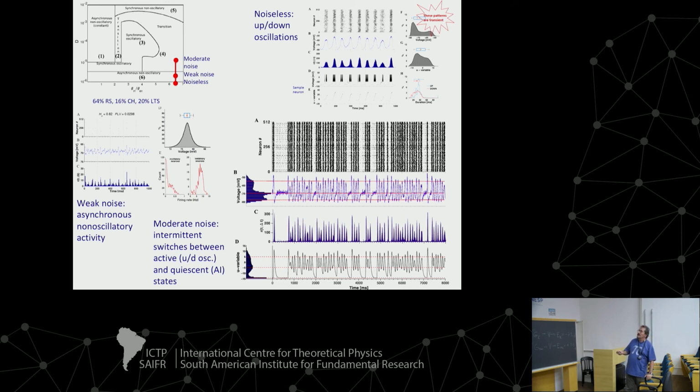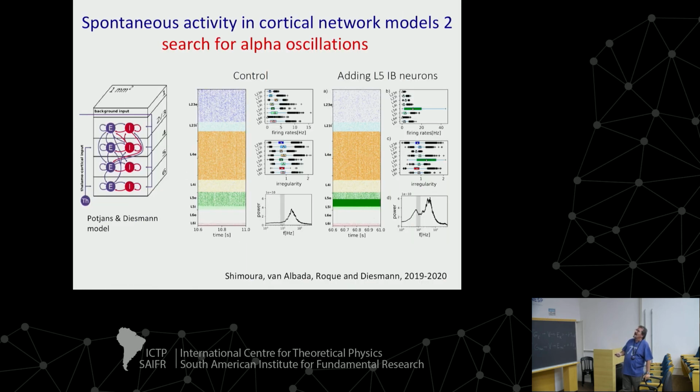So you have intermittent jumps between an oscillatory state with up and down states and a quiescent state in which the average voltage fluctuates around rest. And then again you go to the oscillatory state. So you have this multi-stable situation, which is a very interesting dynamical phenomenon, and we are studying this as well.